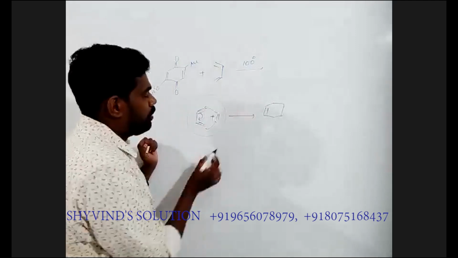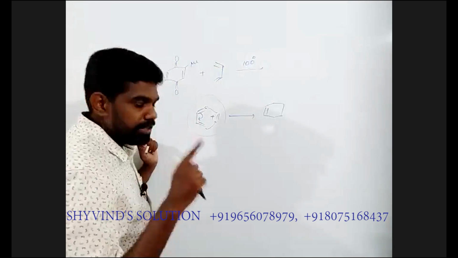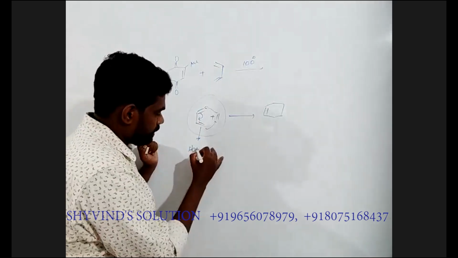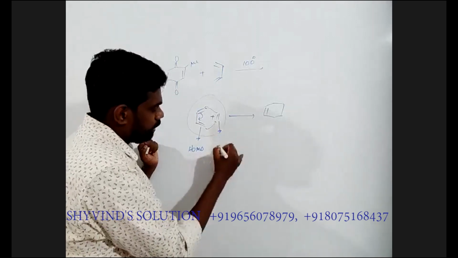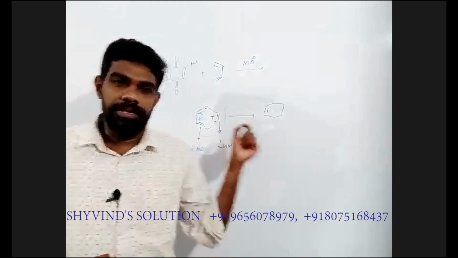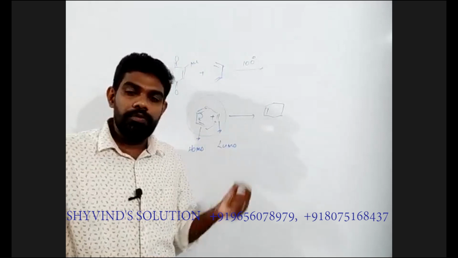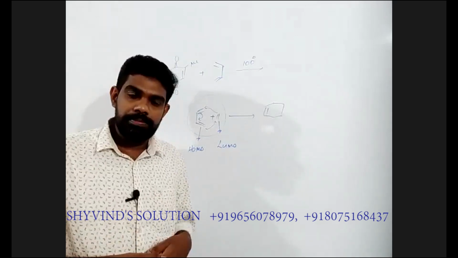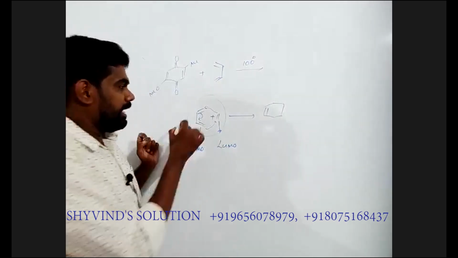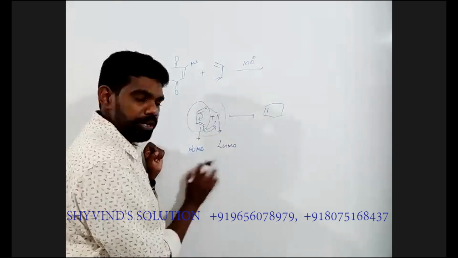If you are going for this particular reaction, you first learn that the HOMO of the diene and the LUMO of the dienophile participate in this reaction. So what does it mean? HOMO means the electron is flowing from this diene to the dienophile. That is how it happens.